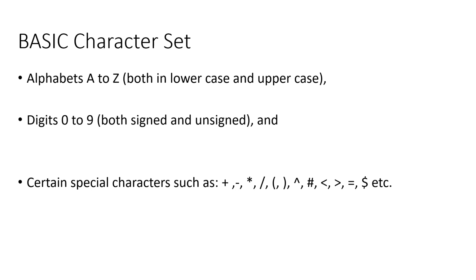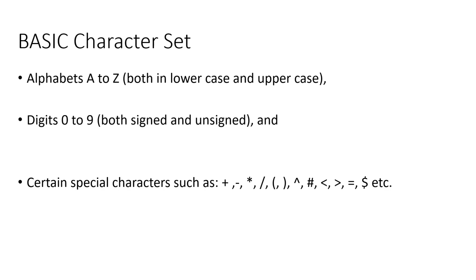And we have what we call character sets in basic. Different character sets that we have. We can have the alphabets, which is from A to Z, and it can either be in the lowercase or the uppercase. When we say lowercase, it means small letters. When we say uppercase, it means the capital letters. Then we can also have digits 0 to 9.